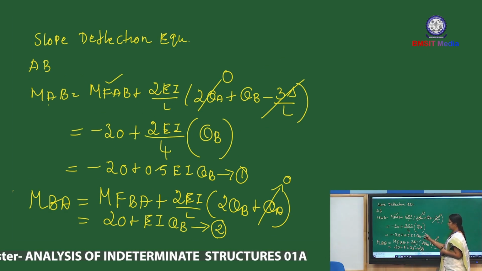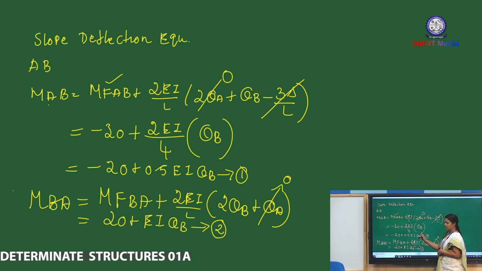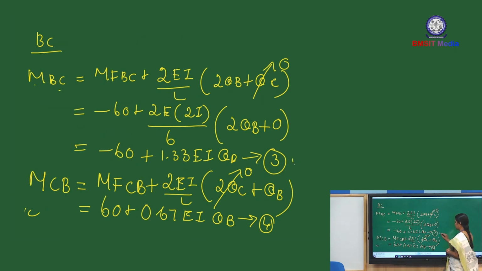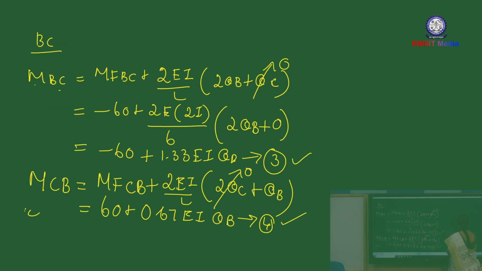In equation number 1, theta B is unknown. We have calculated the theta B value, that is 17.143 divided by EI. So we have to substitute here and find out the end moment at A. Similarly we substitute the theta B value in equations 1, 2, 3 and 4. Then we can find the MAB value, MBA value, then MBC, then MCB.